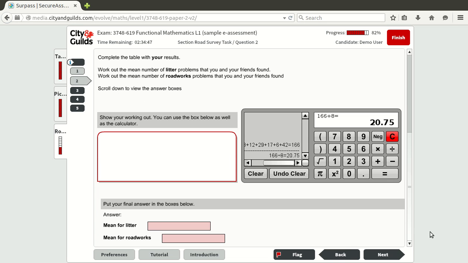So I'll just put here the mean. I'll just put it as is, 20.75.